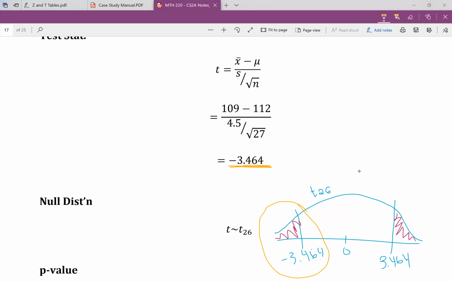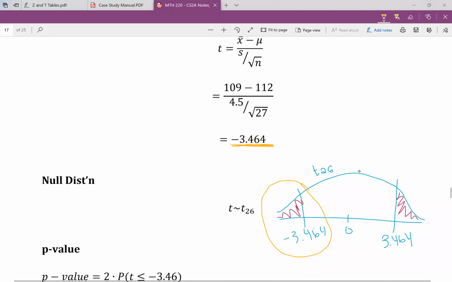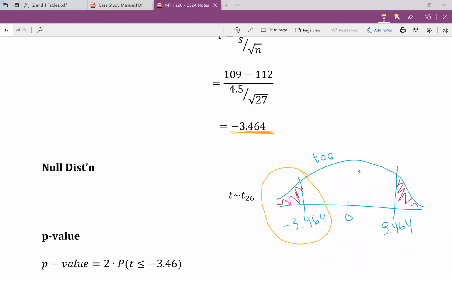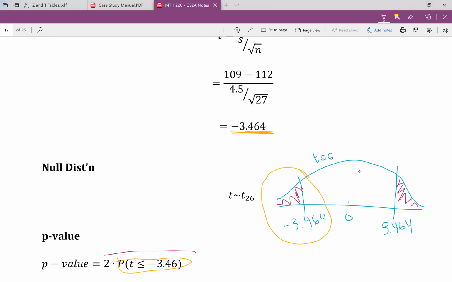So our p-value statement is going to start off with 2 times the probability that T is less than or equal to negative 3.464. What I have circled in orange right here is this statement. But all of this is everything that we have shaded in pink.